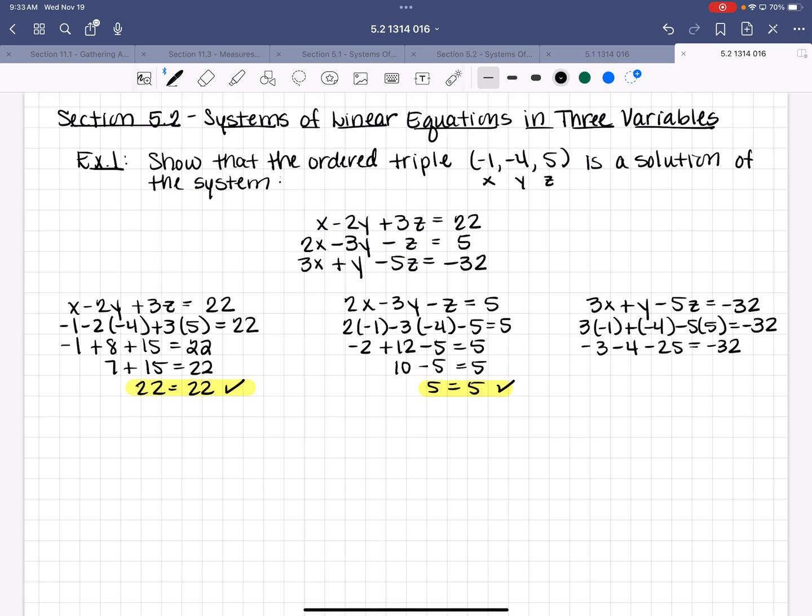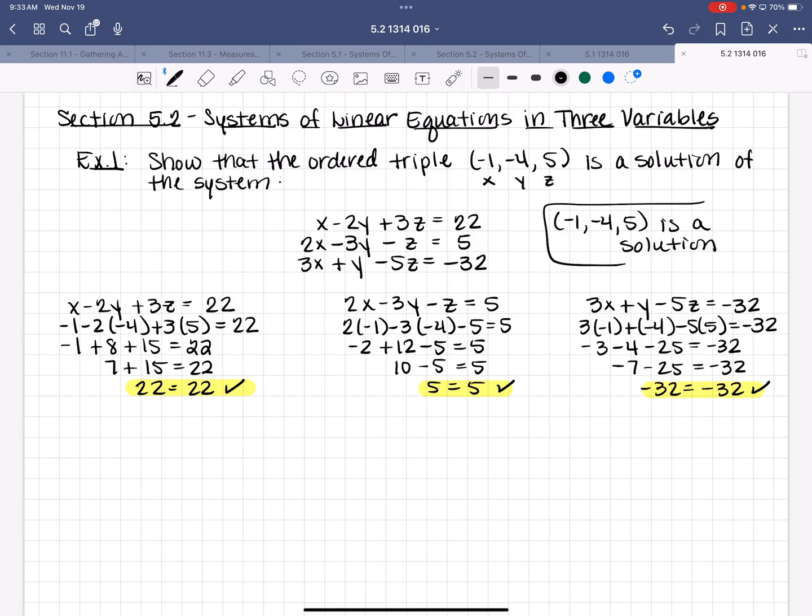That's -7 minus 25, which should equal -32. And -32 equals -32. Check. So you're good to go. It worked in all 3 of them, so it is a solution. So -1, -4, 5 is a solution, and your calculations down there prove that.